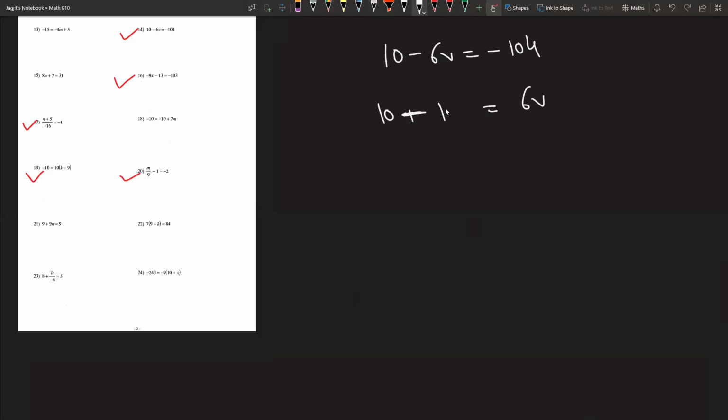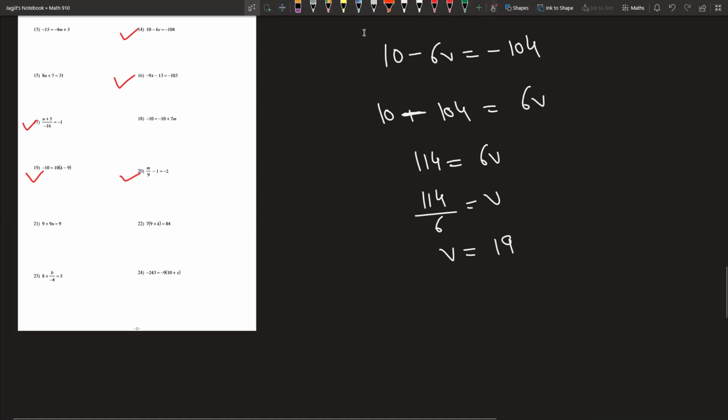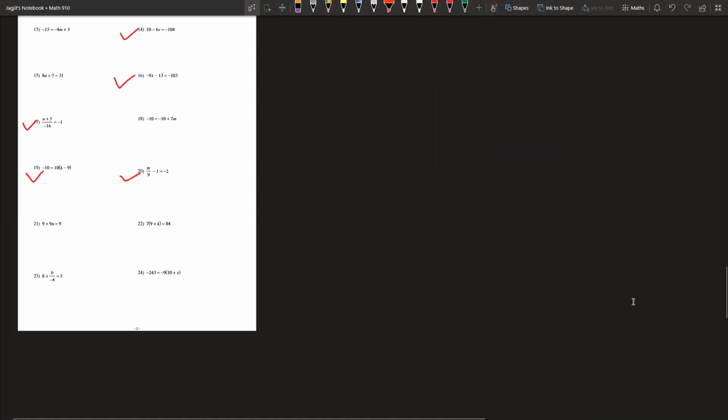So what does this become? This becomes 114 is equal to 6v. Cross multiply. Your v is going to be 114 divided by 6, which is how much, folks? V equals 19. How many of you guys got this? Okay, very good.